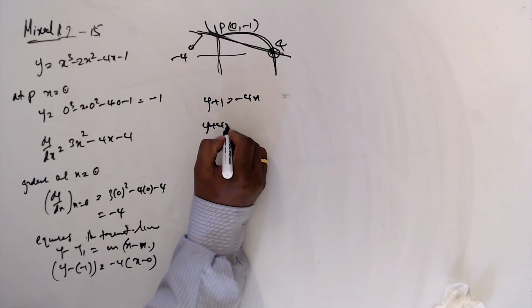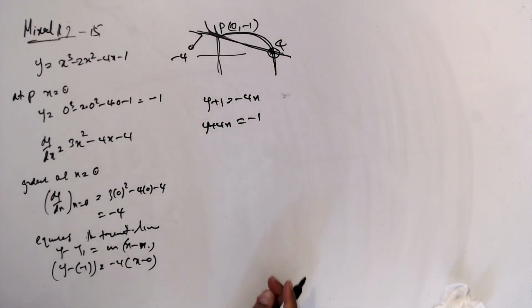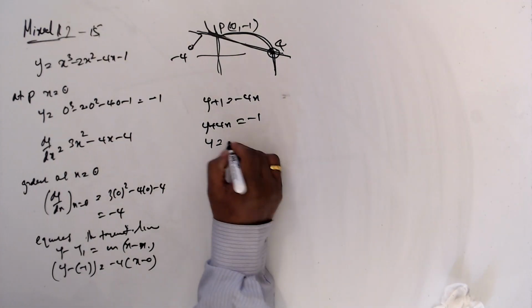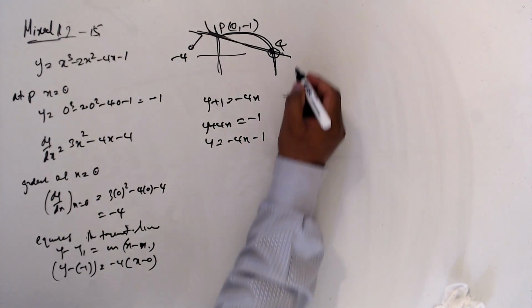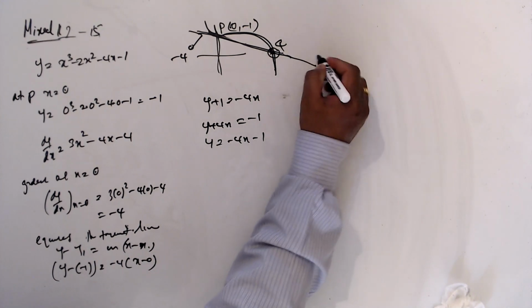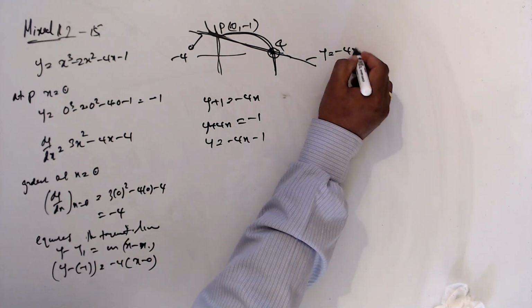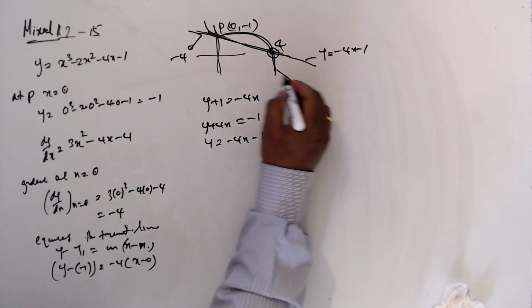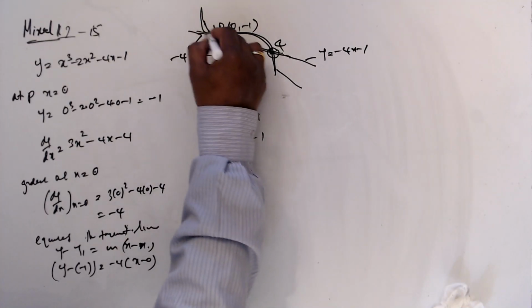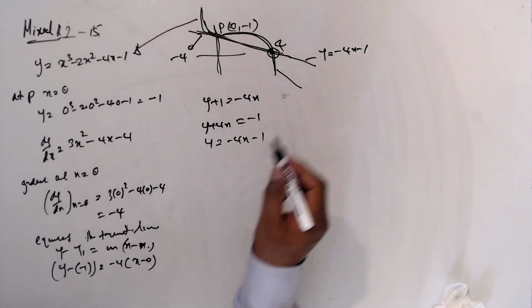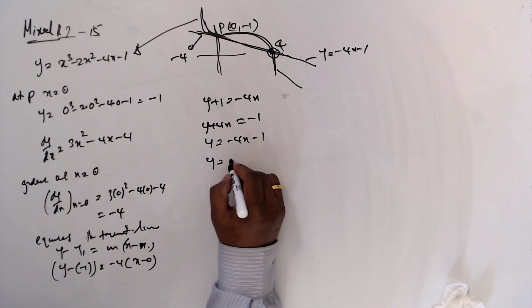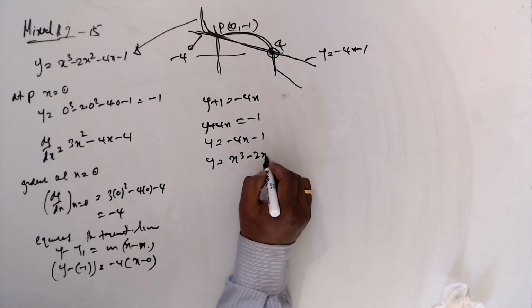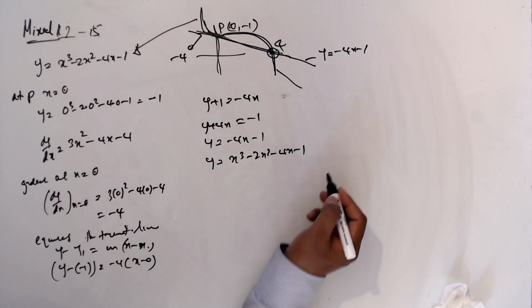So y equals minus 4x minus 1. And now this is the equation, y equals minus 4x minus 1. We know the curve equation. The curve equation is this one: y equals x cubed minus 2x squared minus 4x minus 1.